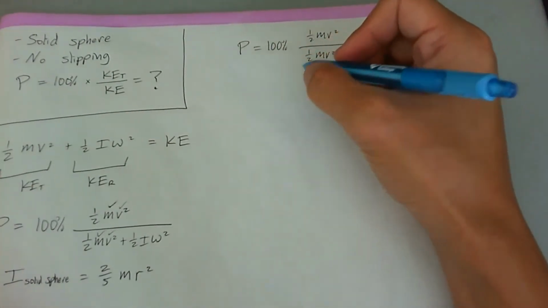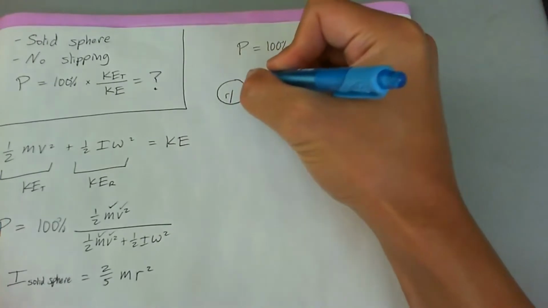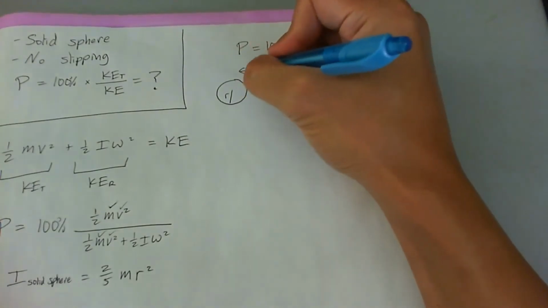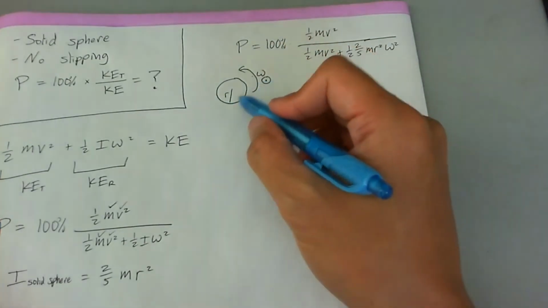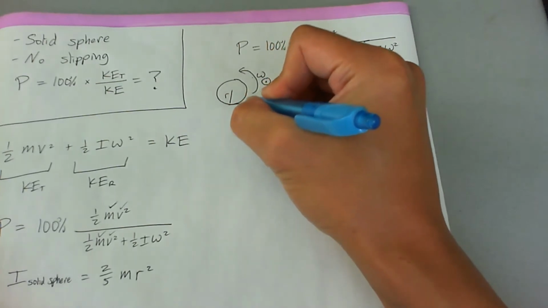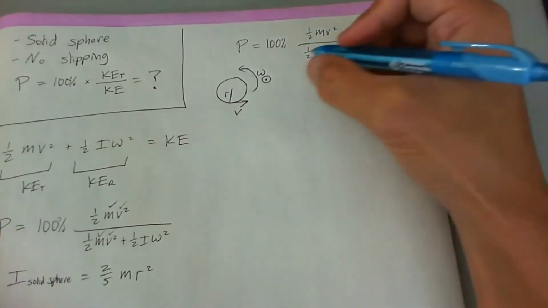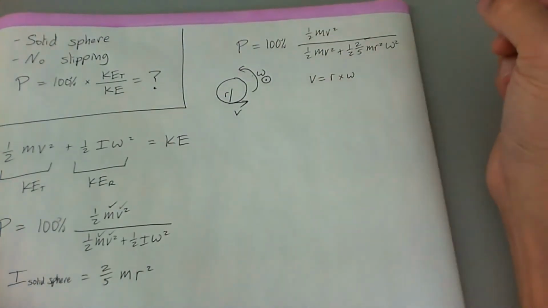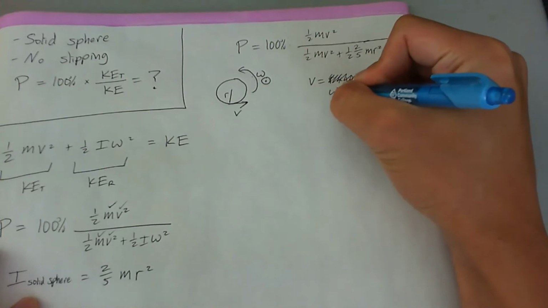Well, fortunately for me, looking at how a ball rolls, this being r, this being omega. Actually, omega points up, so, not to confuse you, omega will point towards you, and v will point this way. Okay, so the equation that relates v and omega is v equals r cross omega. I actually meant to say v is equal to omega cross r.